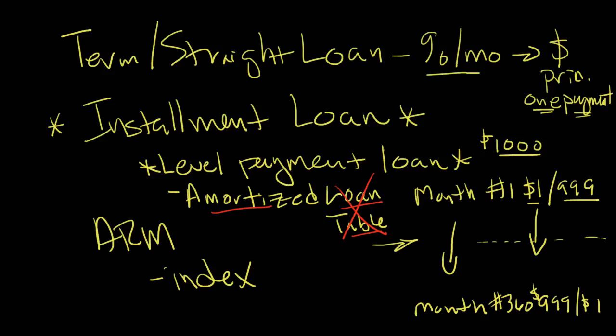They figured this out. So there's also this other thing called an ARM. Oh God, what? Of course there's a thing called an ARM, Jack. What are you talking about? No, this is called an adjustable rate mortgage. And there's all sorts of different adjustable rate products out there in the marketplace.